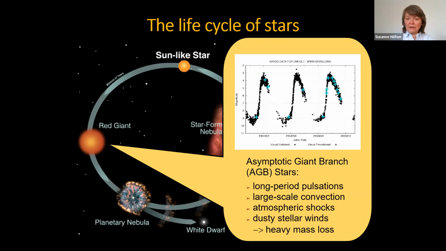They also show large-scale convection. We'll get back to that in a moment. And all of these dynamical processes create strong shock waves in the atmosphere. This is important for driving or initiating a dusty stellar wind, which then leads to heavy mass loss.